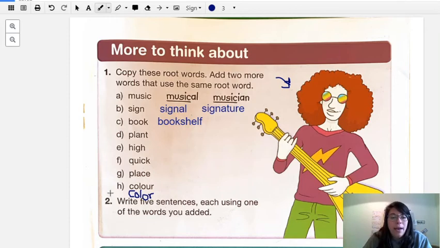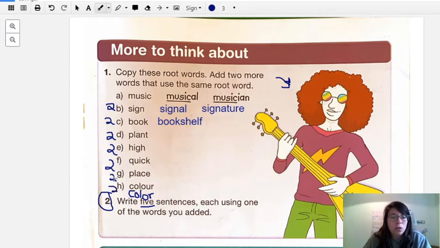And in exercise number 2, you have to write 5 sentences using each one of the words you added. So you have to do 2 for book, the 2 that you created. You don't have to use this one if you don't like it. You can use other words if you like. But you have to do 2 here, 2 here, 2 here, 2 here, 2 here, 2 here.